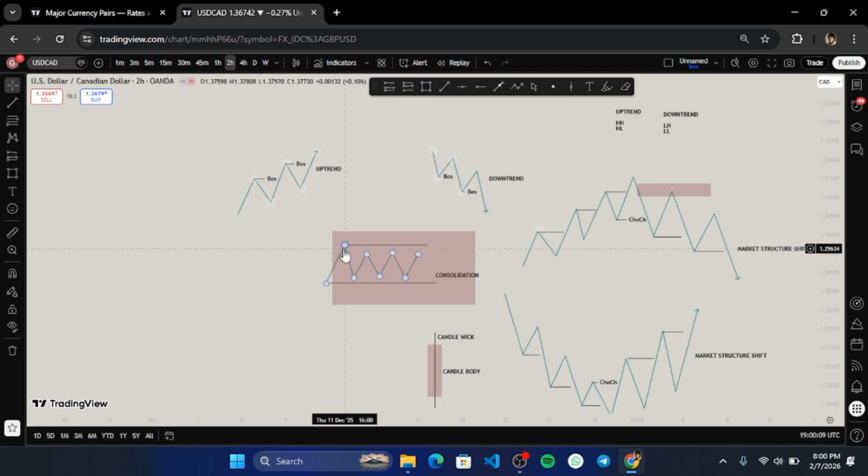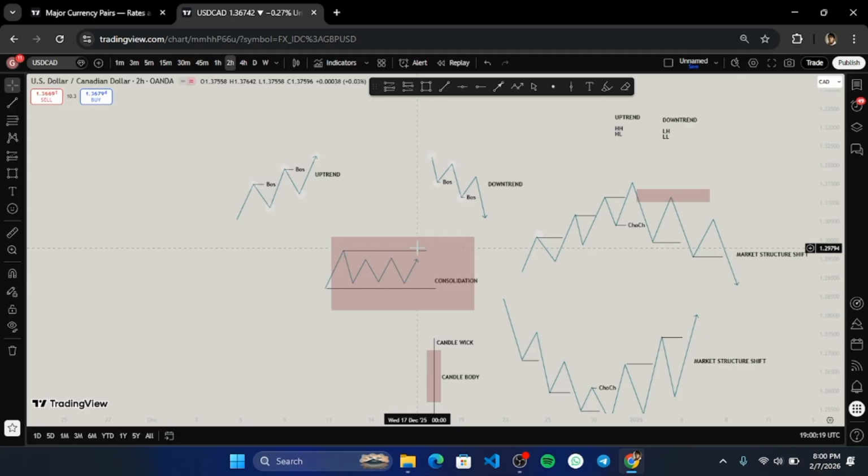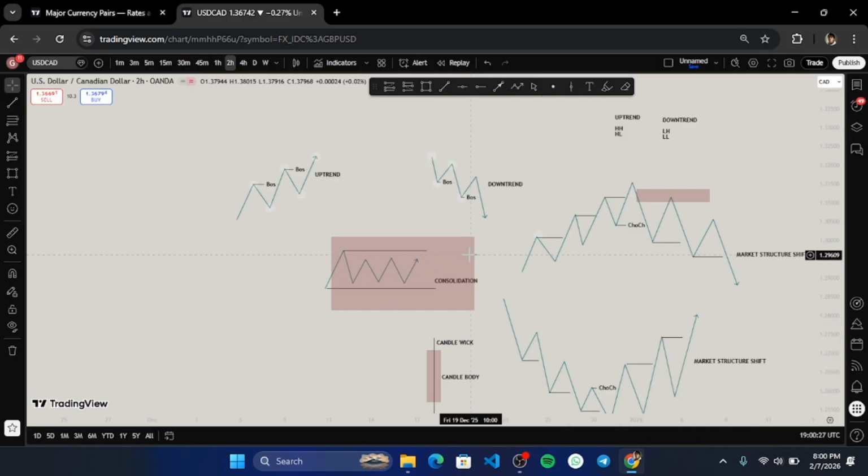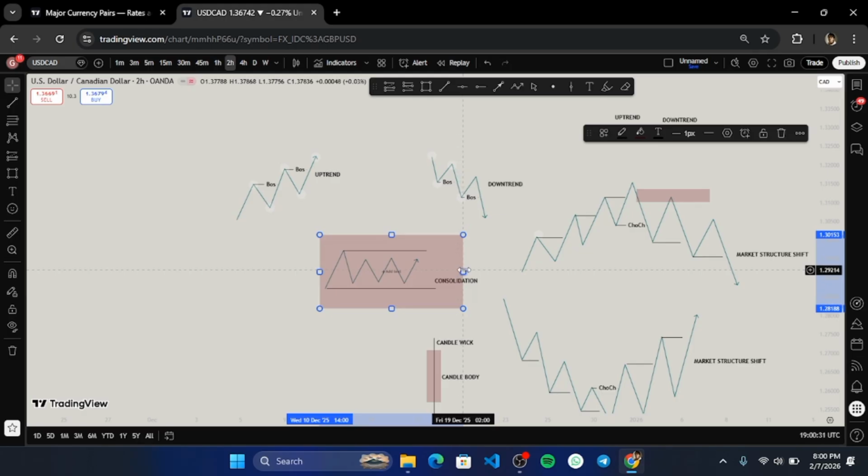A consolidating market is whereby the market makes a strategic or a very visible high and a very visible low, and any other market movement does not go past it. And even if the market goes above or below this and it reacts with a wick, we still classify it as consolidation. So this is basically consolidation, and I would really advise you to avoid a consolidating market.